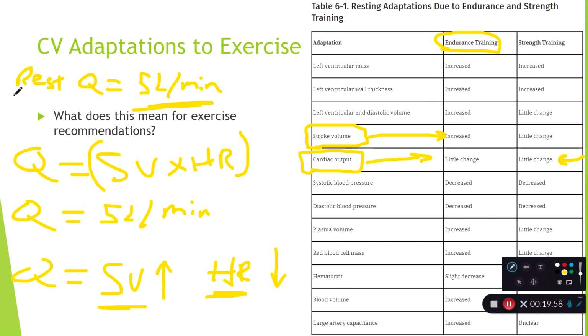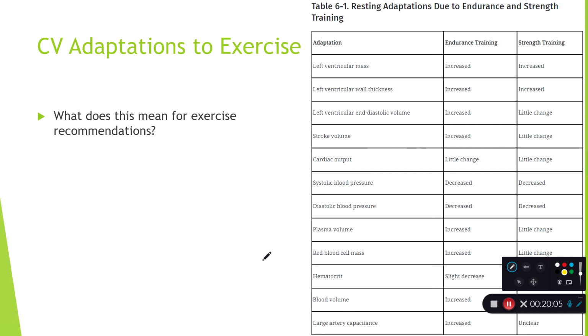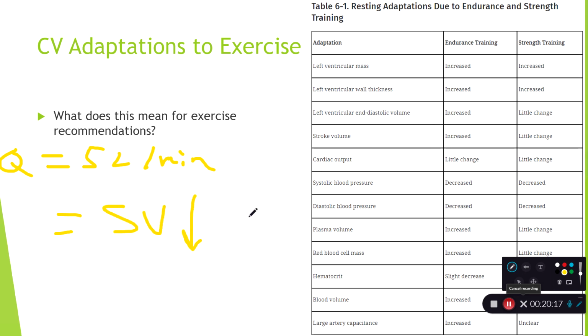So I said, though, that at rest, everyone's cardiac output is 5 liters a minute. What does that mean for untrained people? If you're untrained, you're still equaling 5 liters a minute. But this is because your stroke volume is lower and your heart rate is higher.